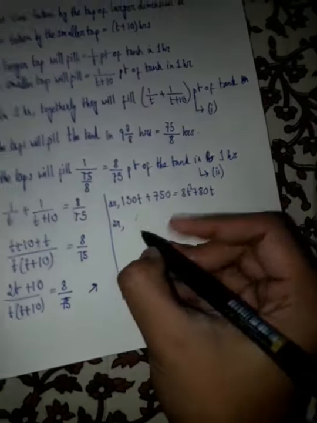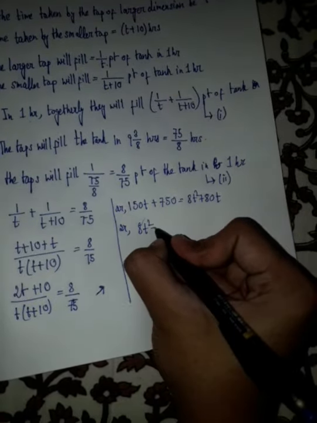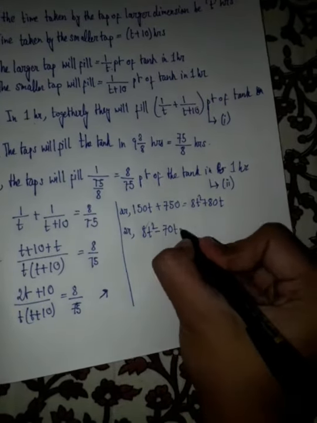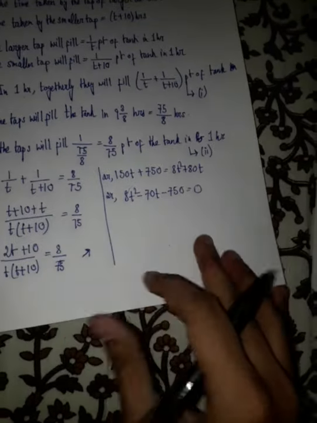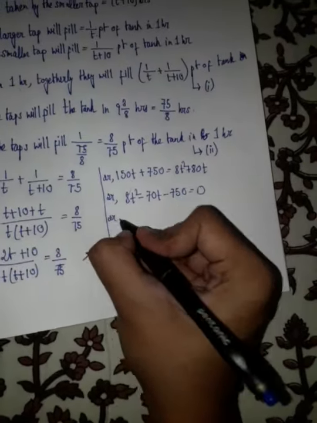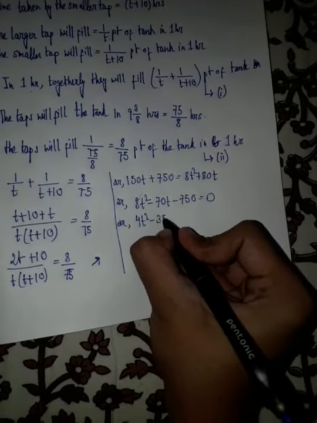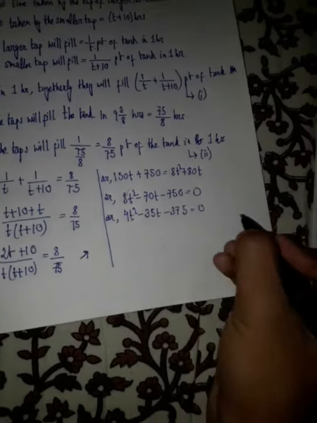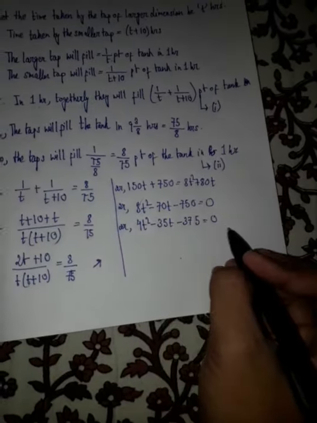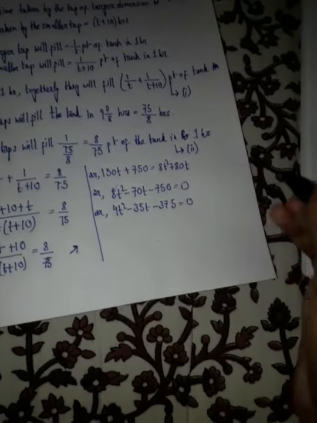Rewriting in the correct process will be 8t square minus 70t, we are calculating this, equals 0, or dividing both sides by 2 now, we will have this. So you may apply Sridharacharya here or the factorization process. We will be using the factorization process in this meantime.